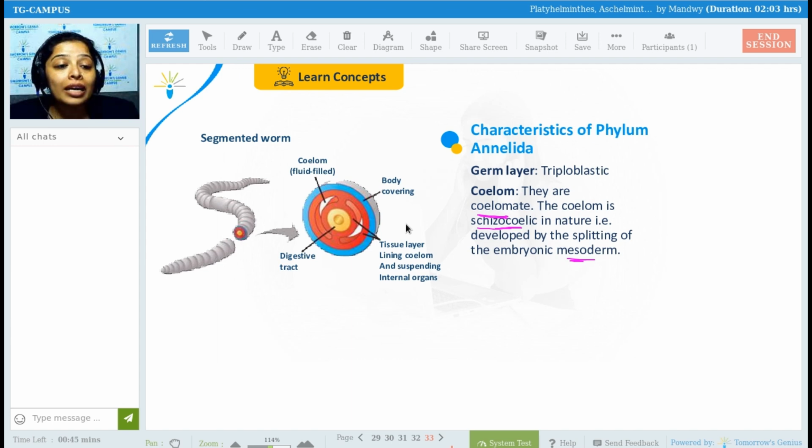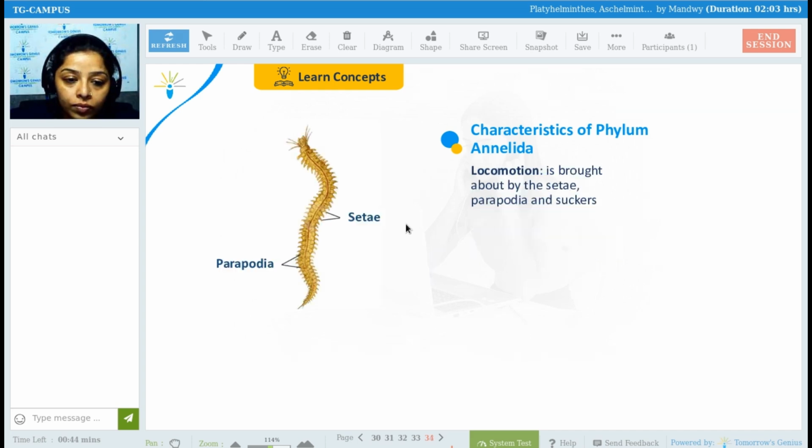Normally, the mesoderm encloses the cavity without splitting, but here the mesoderm splits and makes a cavity, and this is called schizocoelom.